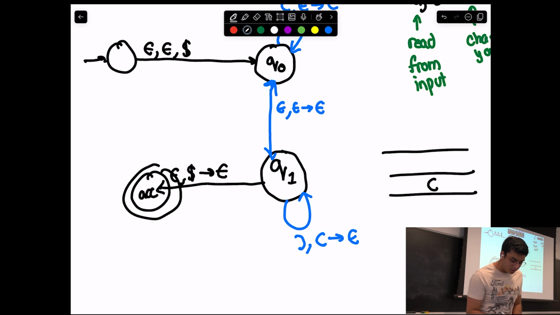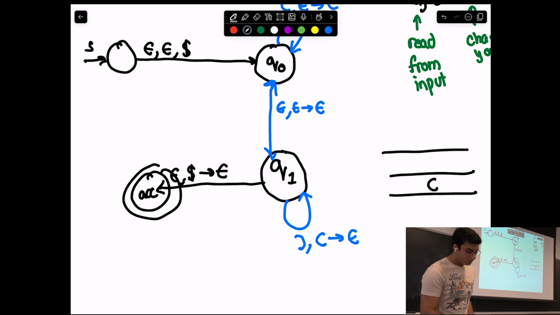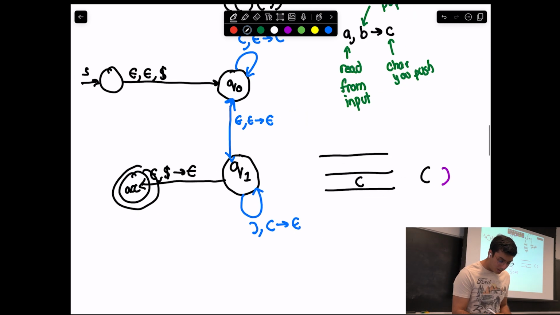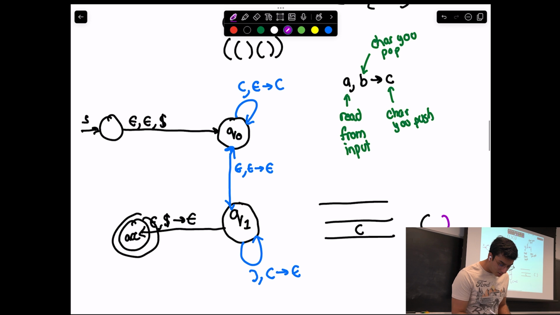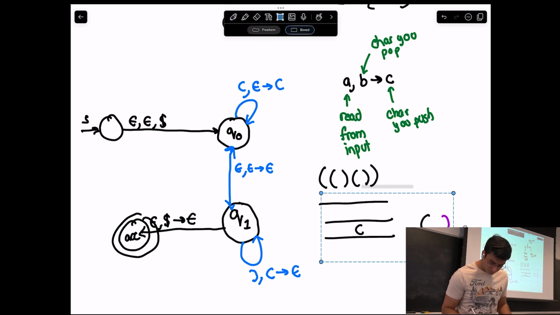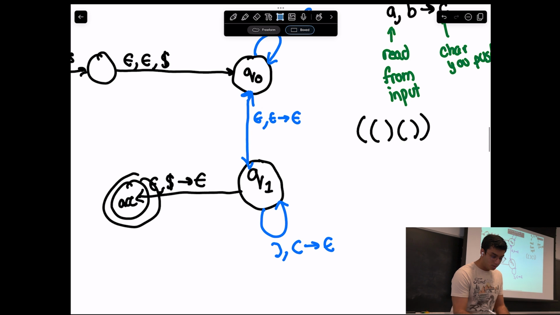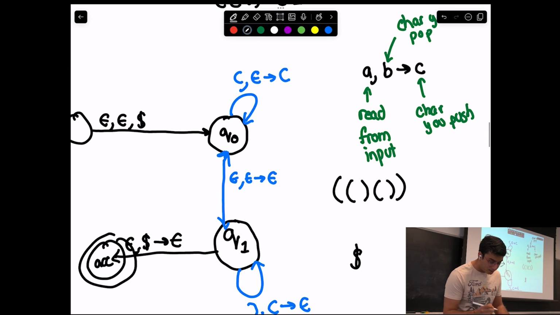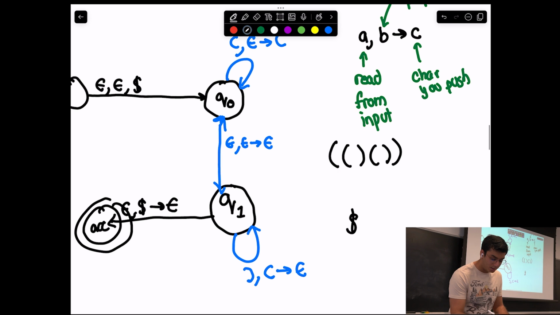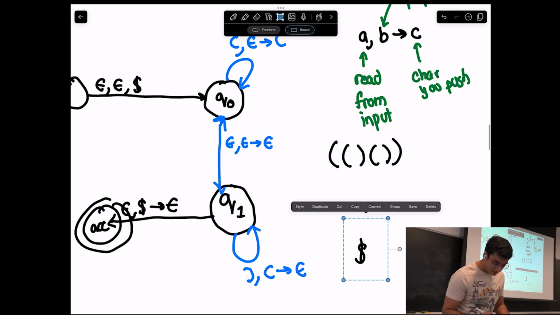Let's try it with a few strings and let's see if it works. So let's take this string as an example. So we push our dollar sign onto the stack. We read an open parenthesis, we pop nothing, and we push the open parenthesis onto the stack.